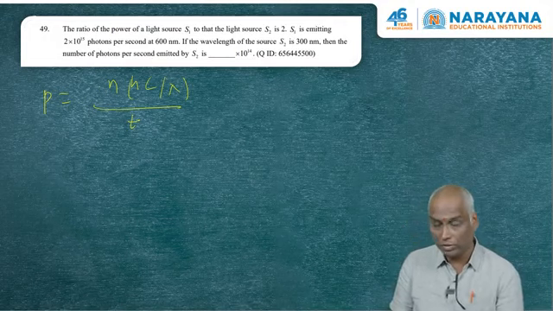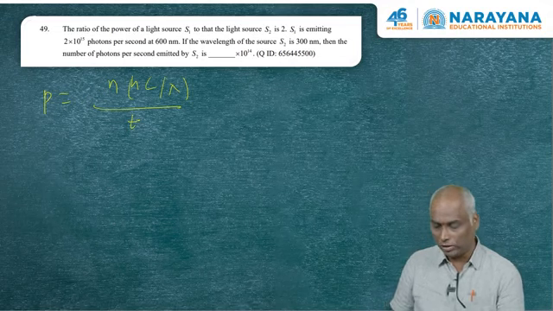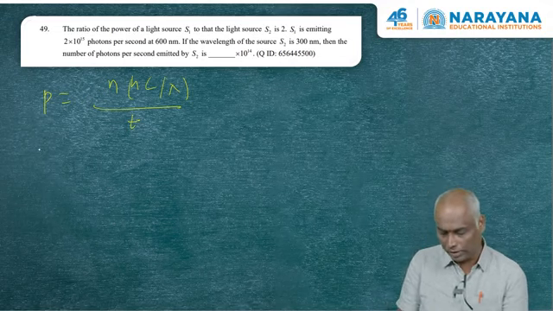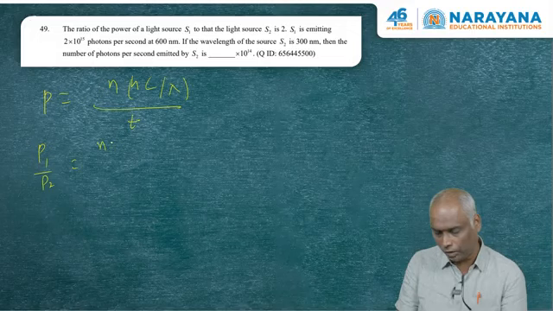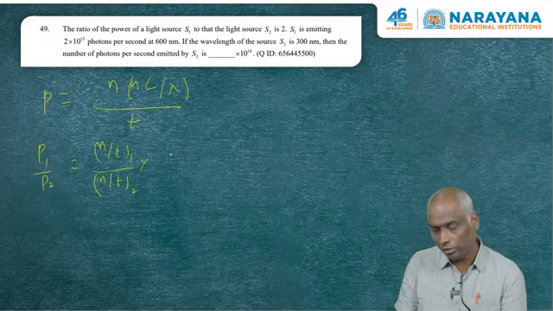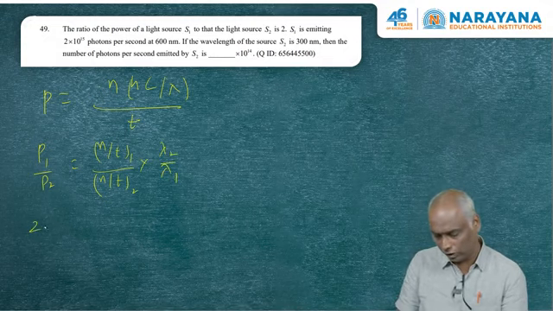So now from this equation, the ratio of powers is given. The ratio of power of source S1 to that of source S2 is given as 2. So P1 divided by P2 should become equal to N by T of 1 divided by N by T of 2, into, since it is inversely proportional to wavelength, lambda 2 divided by lambda 1. P1 by P2 is given as 2.